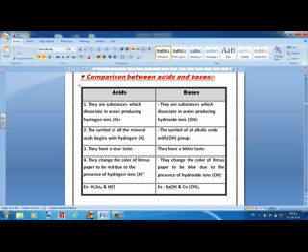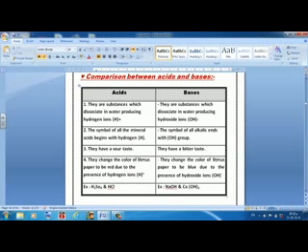Bases have a bitter taste. Acids change the color of litmus paper to red due to the presence of hydrogen ions, H positive. Bases change the color of litmus paper to blue due to the presence of hydroxide ions, OH negative.